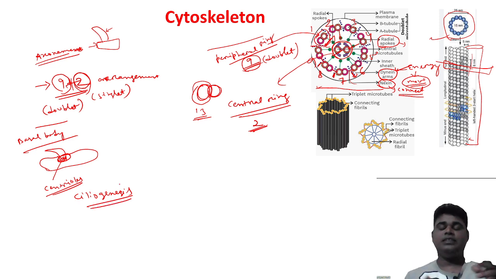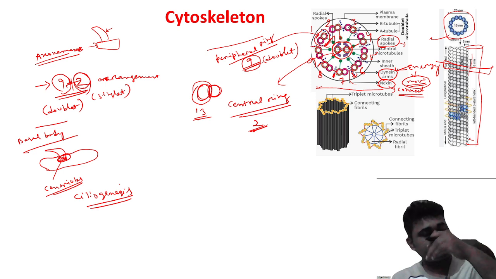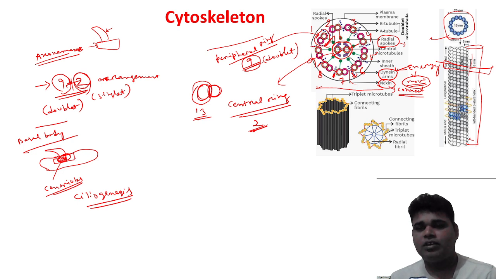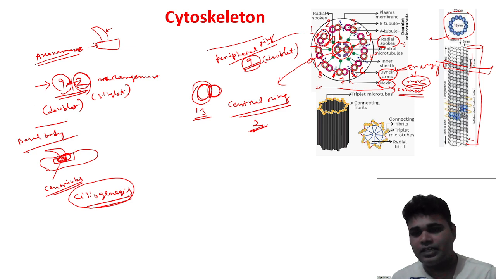That means inside, not our body, but inside, for example, the paramecium or the euglena, the centrioles form the cilia and the flagella, and the process is called ciliogenesis. So during ciliogenesis, the centrioles are called the basal body.